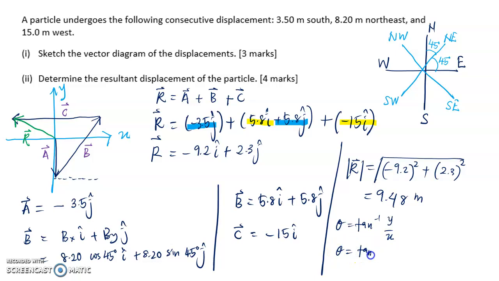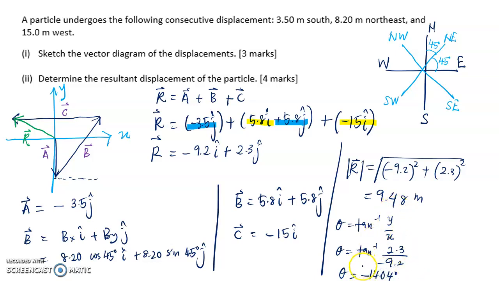The y component is 2.3 over negative 9.2. As we calculated, theta is going to be negative 14.04 degrees.